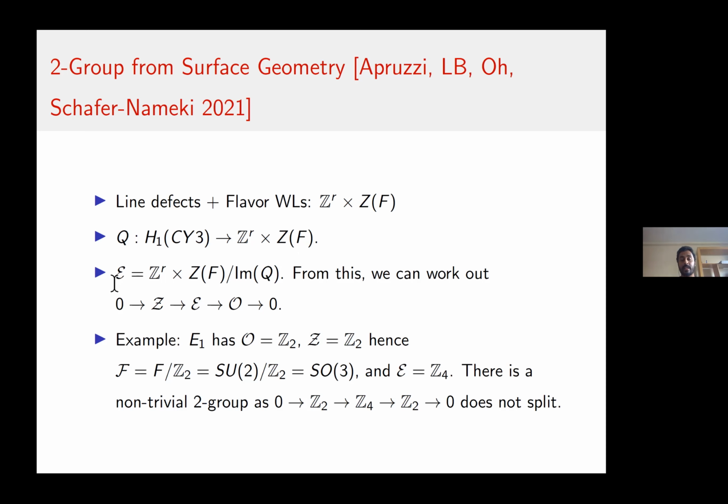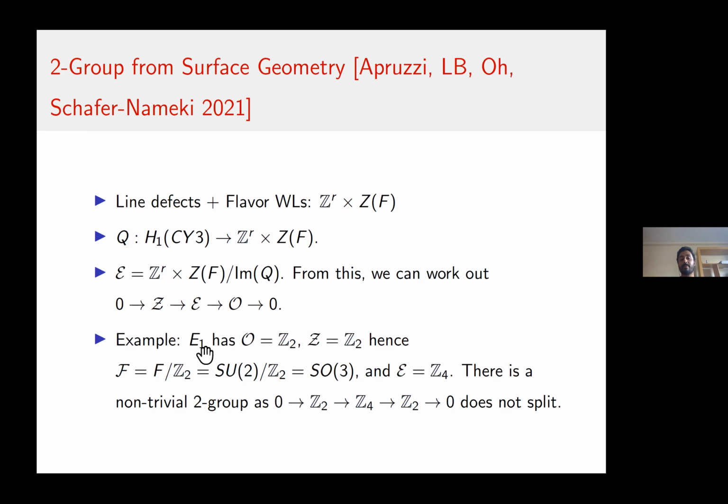And then the set of equivalence classes we are looking for, modulo screenings, is given by taking this lattice and modding it out by the image of this map Q. And from this, we can supplement it with the definition of the 1-form symmetry group discussed earlier. And we can find the full short exact sequence as well. Okay. And if this short exact sequence does not split, we say that the 5D SCFT has a non-trivial 2-group symmetry.